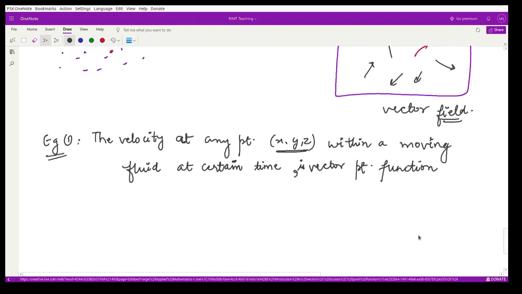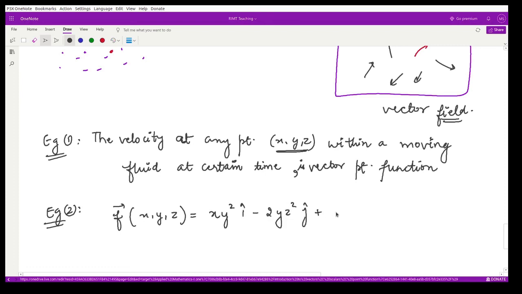And what is the vector field? For that you could define this function f of x, y, z. So this is defined like this: x y square i cap minus 2 y z square j cap plus x square z k cap.